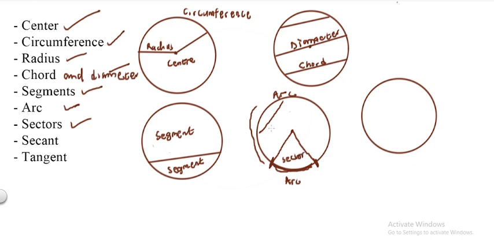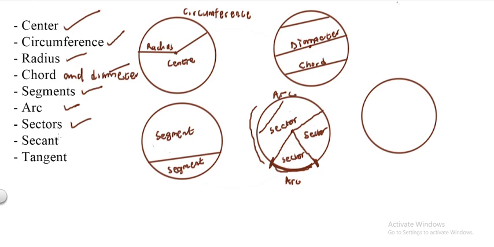And this part is called a sector. If I cut a portion out from the middle, I have sectors. If I cut another portion here, this part is also a sector. Notice the difference with segments. A segment is just a slice, a straight line slice. This one is more of an angular line slice.